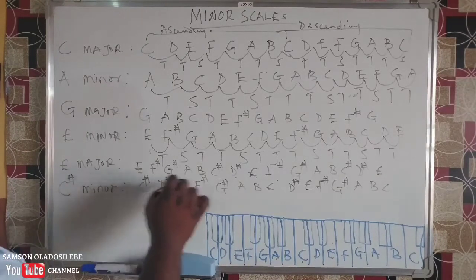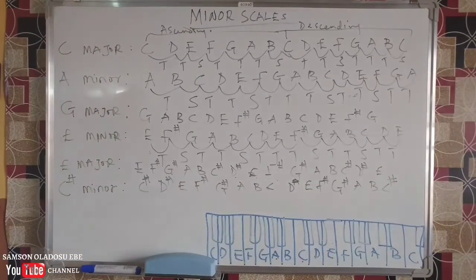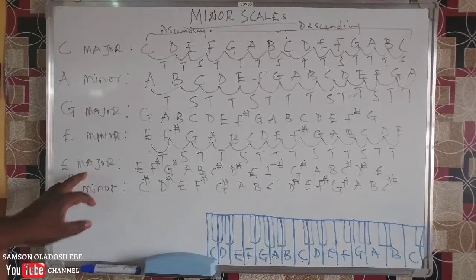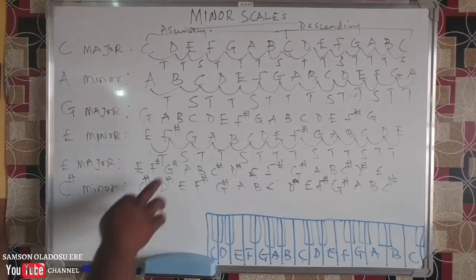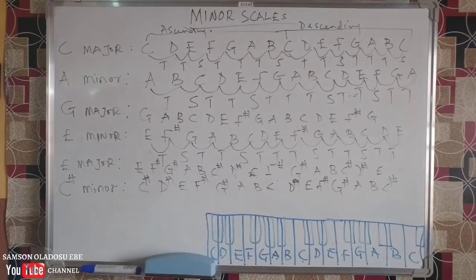There's going to be a sharp here, sorry. Okay, so this C sharp minor is the relative minor of E major. If you try to look for the distance, you will see that you're going to get all this.